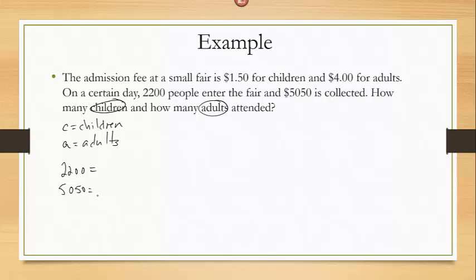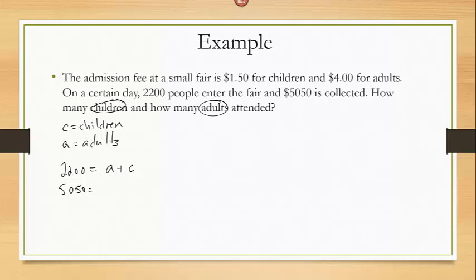Now 2,200 total people enter the fair. So some critical thinking here. People as in children and adults. So C plus A equals 2,200.